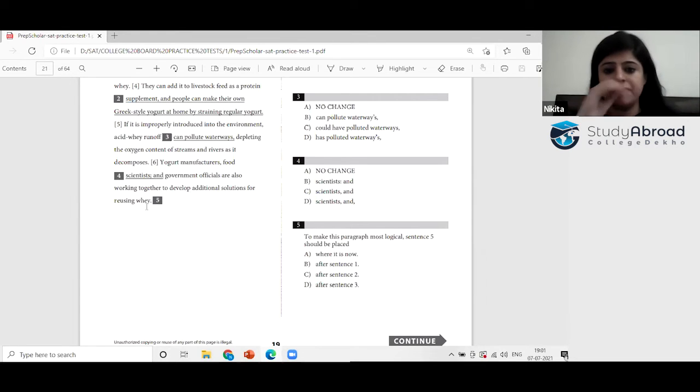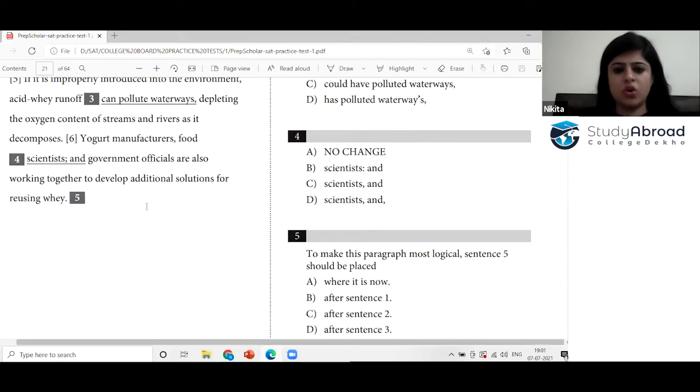All right. Now have a closer look at what is given over here. A says that an semicolon should come before and, and B suggests that a colon should come before and. C says a comma would be fine and D says a comma before and after and as well.